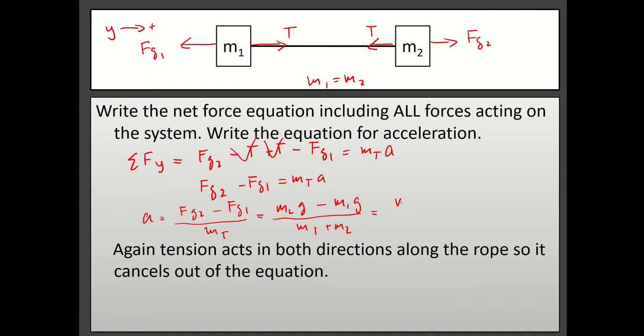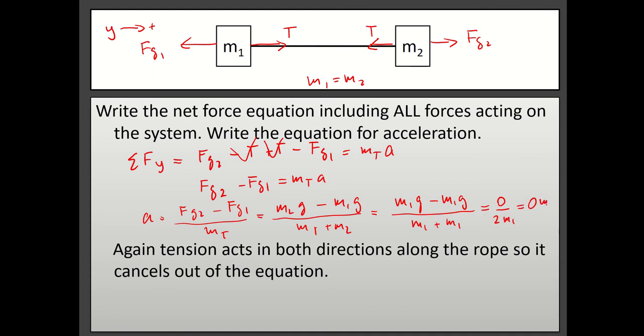I'm going to rewrite my equation one more time. Instead of M2, I'm going to write M1 times gravity, minus M1 times gravity, over M1 plus M1. As you can see on the top, these are the same, so they will subtract to 0. So you're left with 0 on the top and 2M1. But again, 0 divided by anything is still going to be 0.